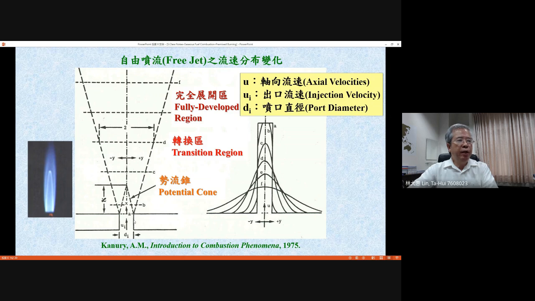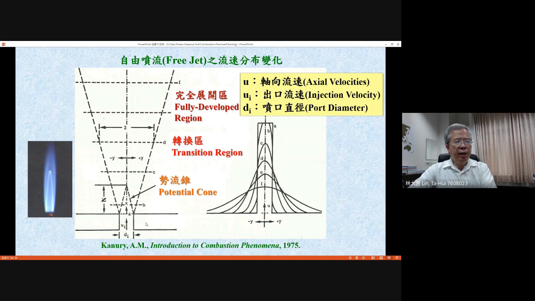We assume there is a small hole here, or you can assume that this is a port of the burner. The flow comes out, the hole diameter is defined as di, and the injection velocity is assigned as ui. At this point, cross section A is just the exit plane of your burner.